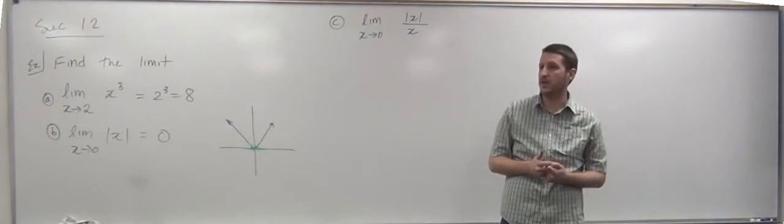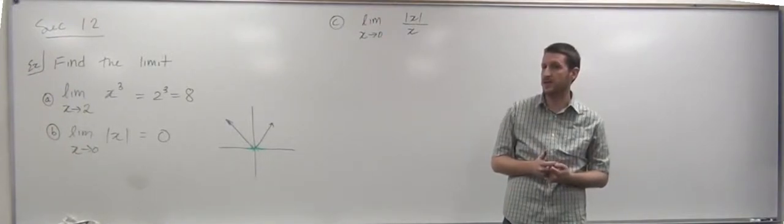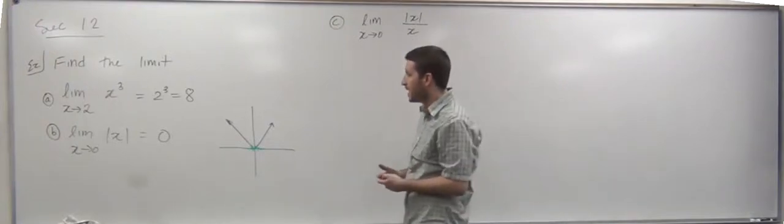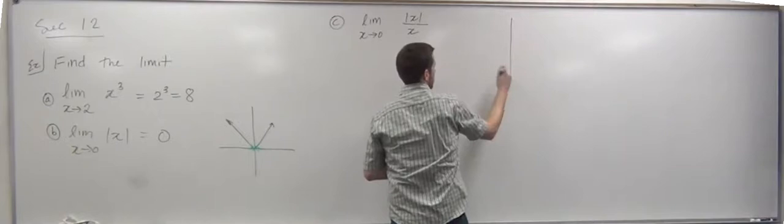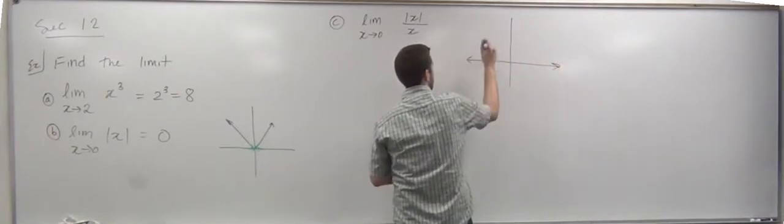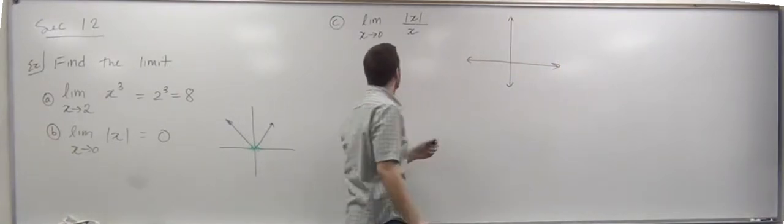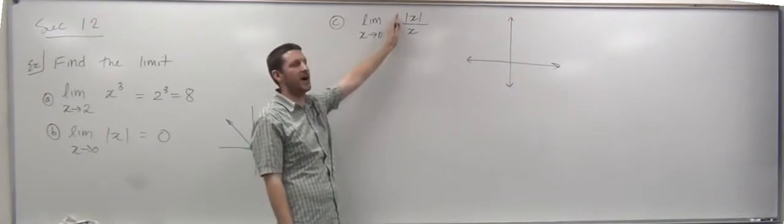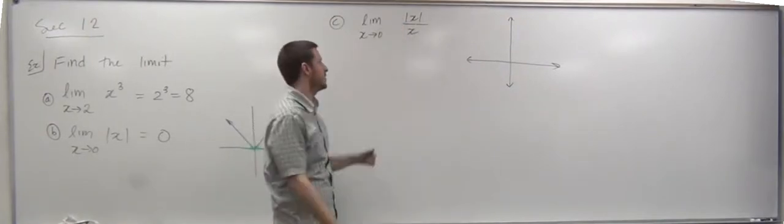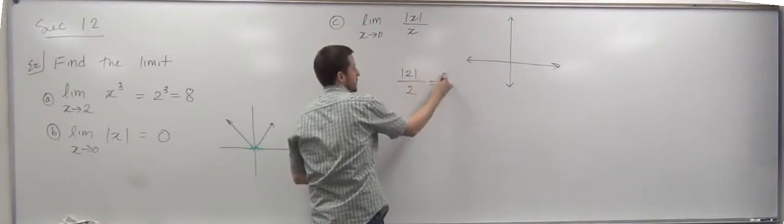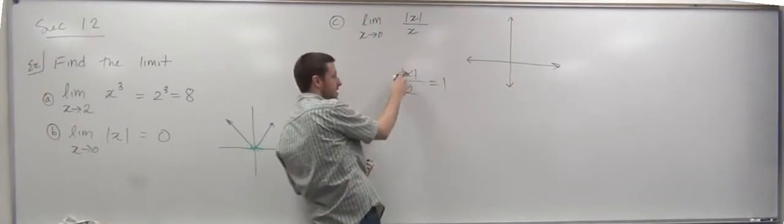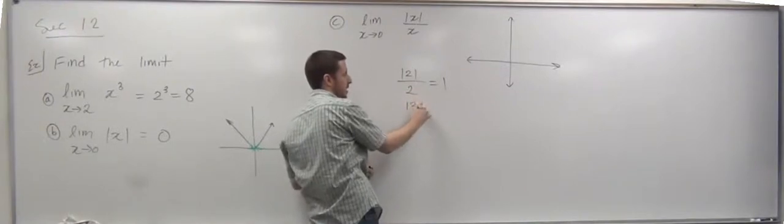You really have to know what the graph looks like, or what some points look like at least. What does this graph look like? It's two different lines, and it jumps at -1 and 1. So plug in, for example, a positive number here. If you plug in 2, absolute value of 2 over 2 is 1, and that's going to happen no matter what positive number you plug in.